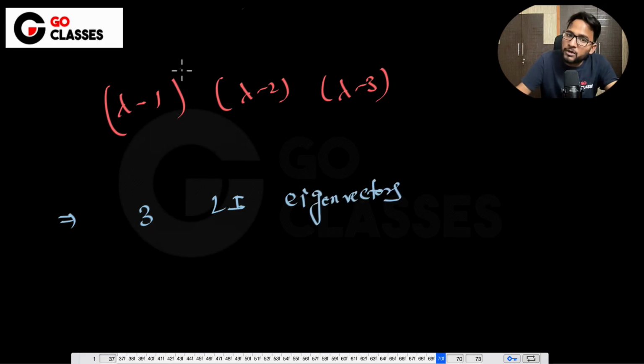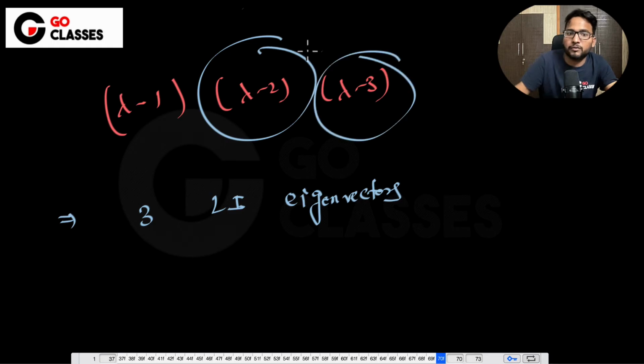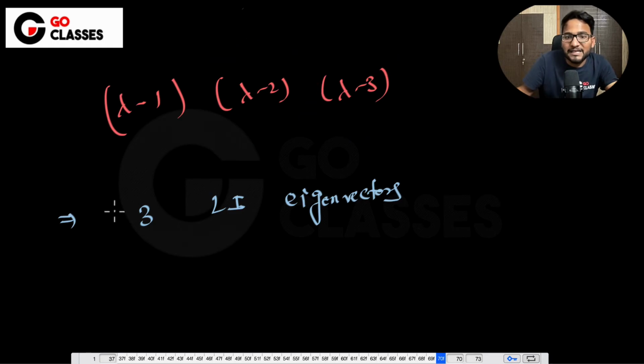Because the power is 1, the eigenvector count is exactly 1 for each. At least and at most are both the same here, because the power is 1. The number of linearly independent eigenvectors corresponding to 1 is just 1, here also 1, here also 1. So I can say exactly 3 here.